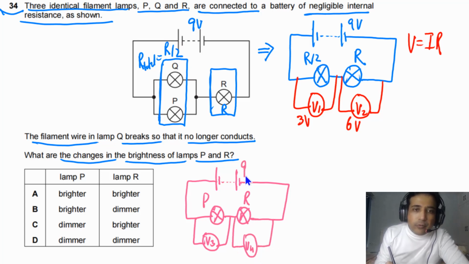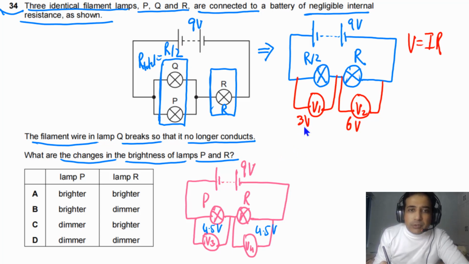and EMF of power supply is still the same. In this case, I hope you will say they have the same value of potential difference. So the reading on this voltmeter will be 4.5 volts and reading on this one also will be 4.5 volts.